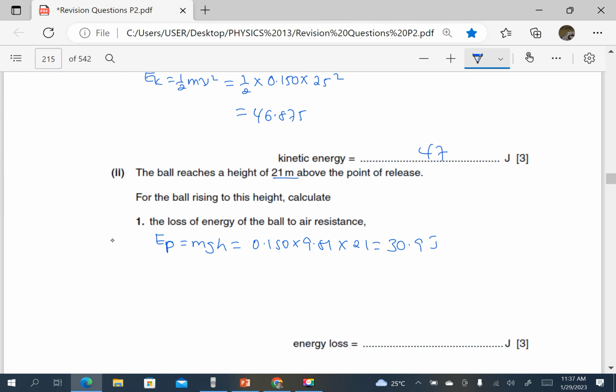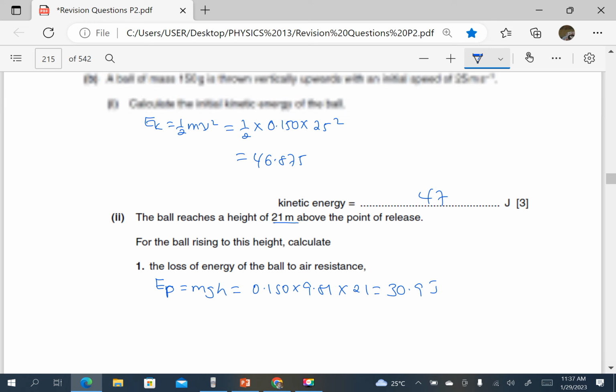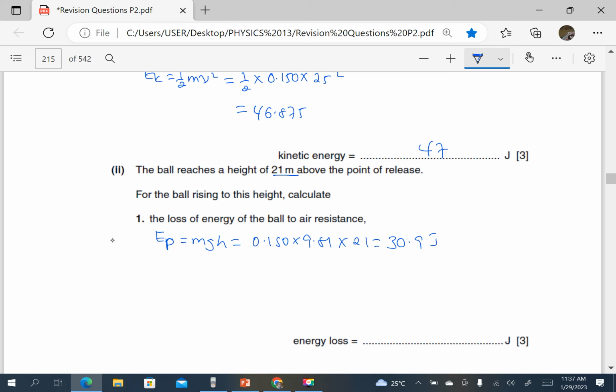That is the gain in potential energy, but note that the initial kinetic energy was 47 joules. It means not all of it has become potential energy. So we can get the difference, that is the loss. The loss equals the kinetic energy minus the potential energy.